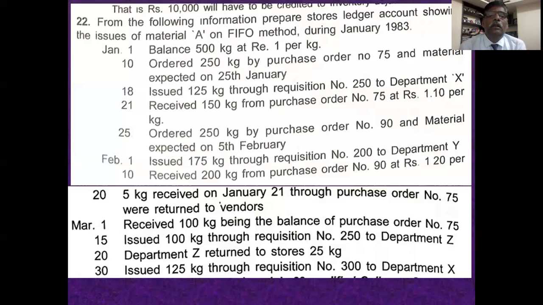You record in the receipt column. Rate applicable is 1 rupee 10 paisa. Purchase order number 75, so you record the purchase order number in the number column.